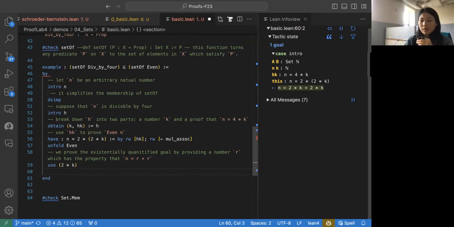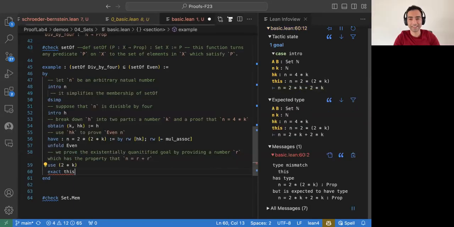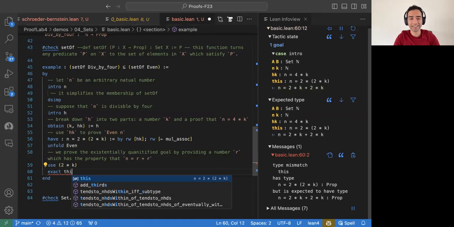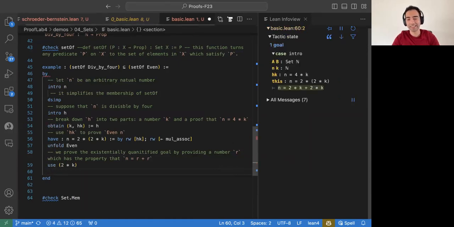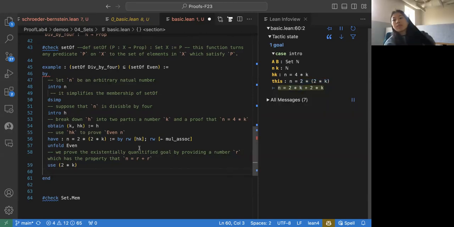Wait, but this is still the same statement. Do we have to rewrite this? It's not exactly right because one has addition, the other has multiplication, and Lean here is being really super pedantic, because it wants us to prove that 2 times 2 times k is 2k plus 2k. So maybe what we need to do is actually to tell Lean that fact.